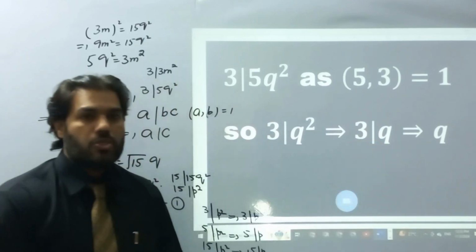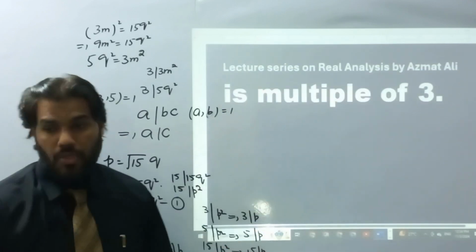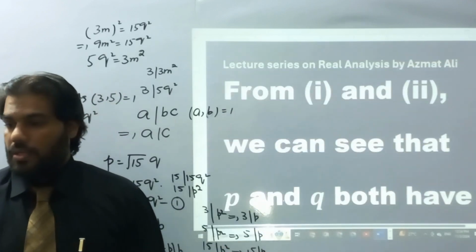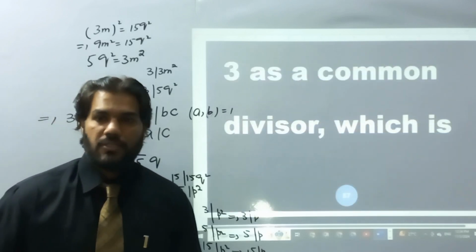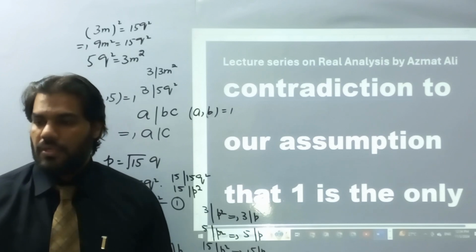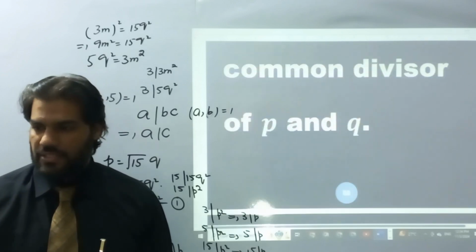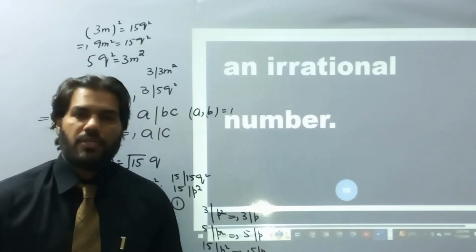This implies q is a multiple of 3. From equations 1 and 2, we can see that p and q both have 3 as a common divisor, which is a contradiction to our assumption that 1 is the only common divisor. Hence, our assumption is wrong. Square root 15 is an irrational number.